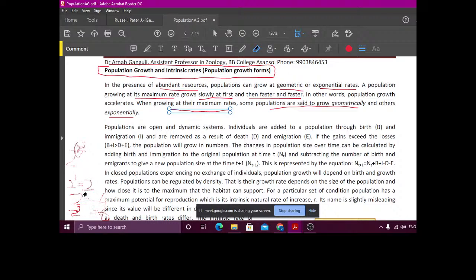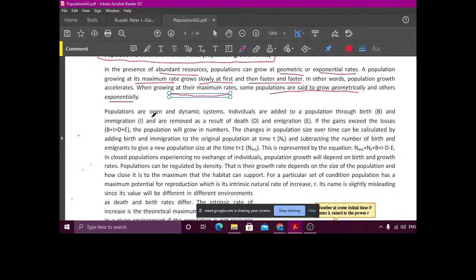I will come into details about the curves on how population growth takes place, and there are certain formulas which you will need to remember. Populations are open and dynamic systems. So some people can come inside a population and people can get out from a population.